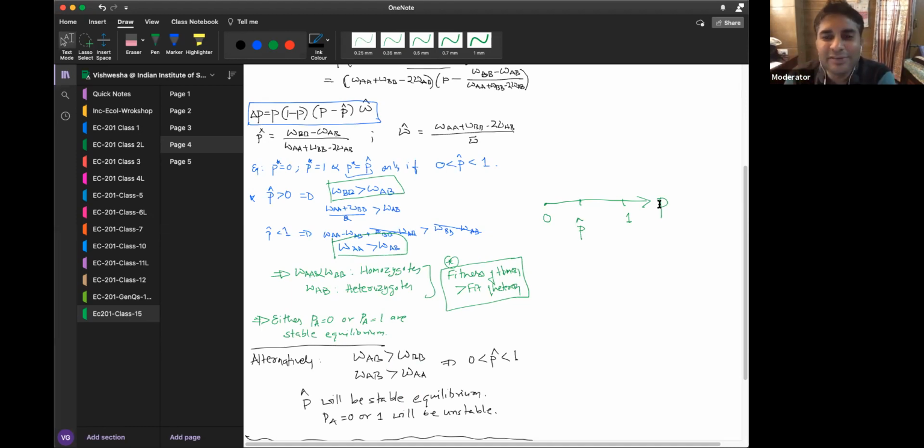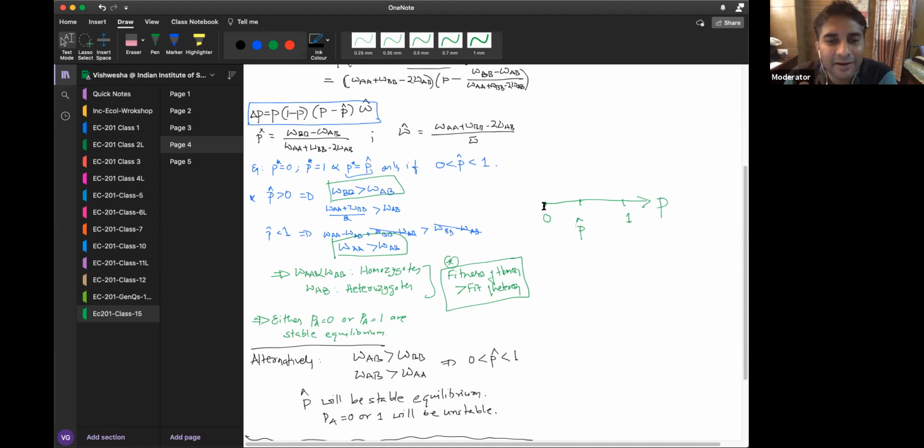I'm just using an intuitive argument that this is all A's, this is all B's. Both all A's and all B's are fitter than the intermediate allele frequency, which will give rise to heterozygotes, right? So these two extremes will not have heterozygotes. So this end is all being A, and this end is all being B.